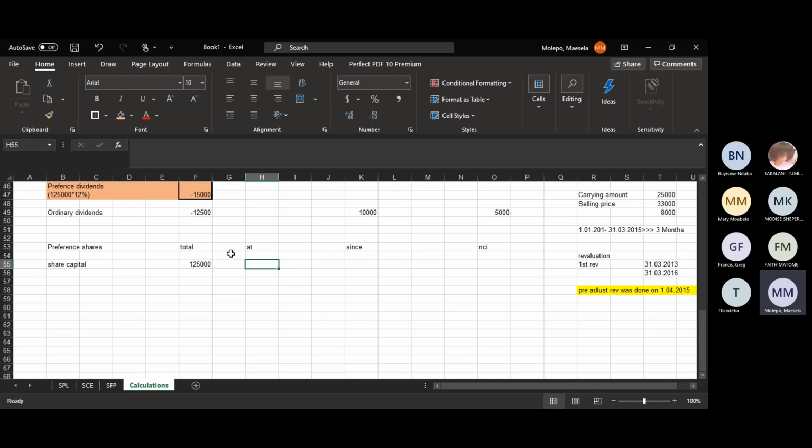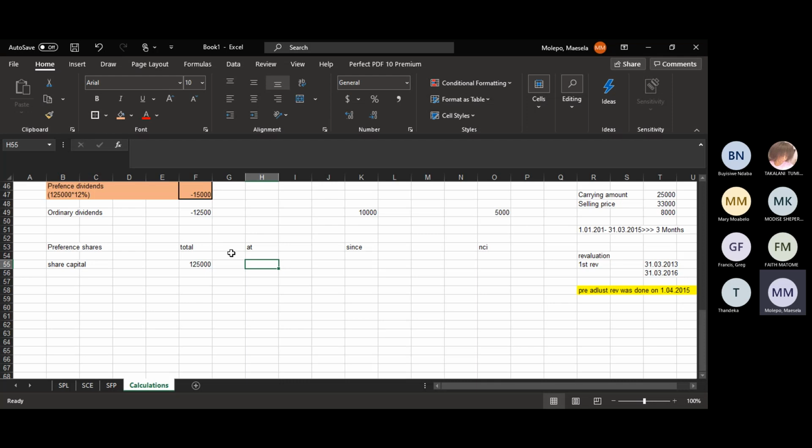He acquired how many preference shares? He acquired 50,000 preference shares while Khatebe issued 125,000. So we're going to say 50,000 divided by 125, in respect of the preference shares, not the ordinary. Please check those things.